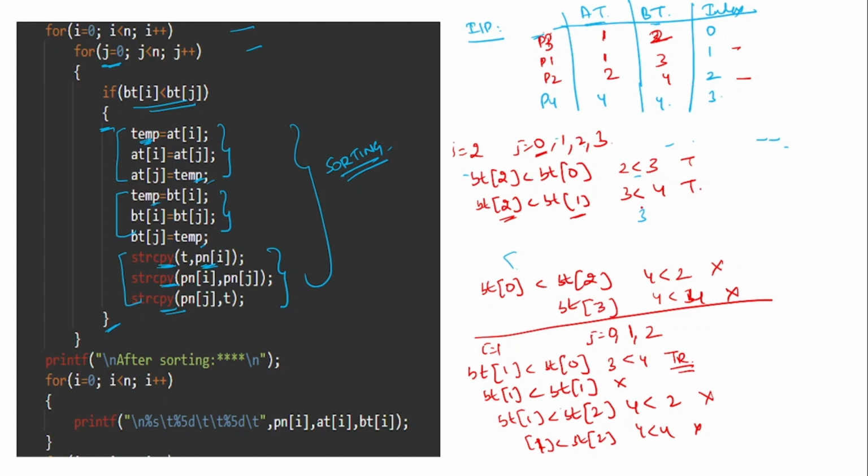So again after the swapping I see if burst time of 2 is less than burst time of 2, this would be false. If burst time of 2 is less than burst time of third process, that is 3 is less than 4. Now again in this case you can see bt of 2, that is this, is less than the bt of 3, that is this particular value. Now in this case again the swapping would be done, so you will get a revised table here.